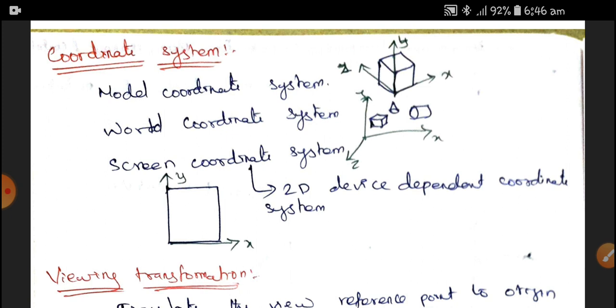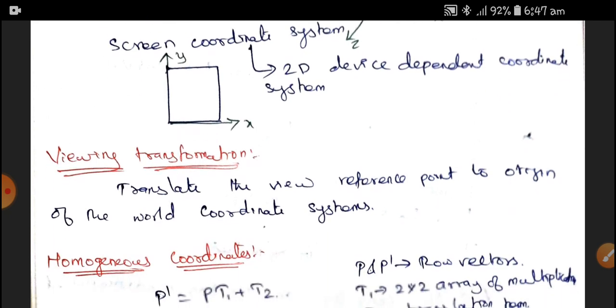The computer screen itself has coordinates of x and y, so that is why it is called a screen coordinate system. Next is the viewing transformation. Translating the view at a different point to the origin of the world coordinate system is called view transformation.